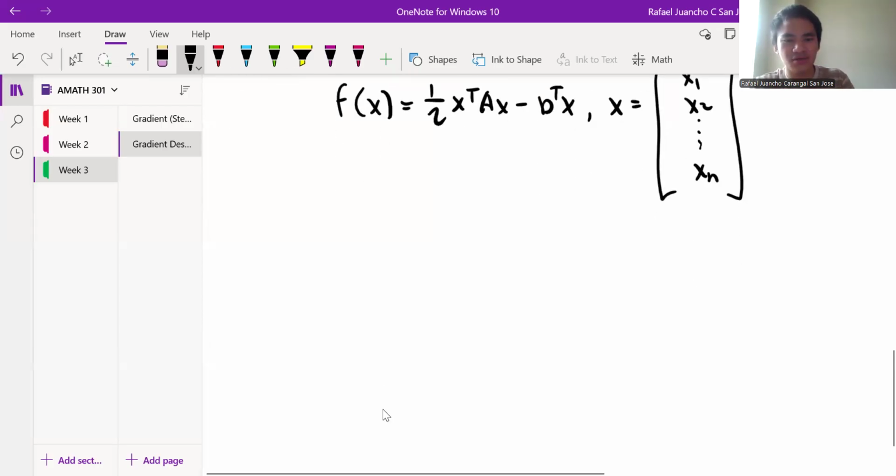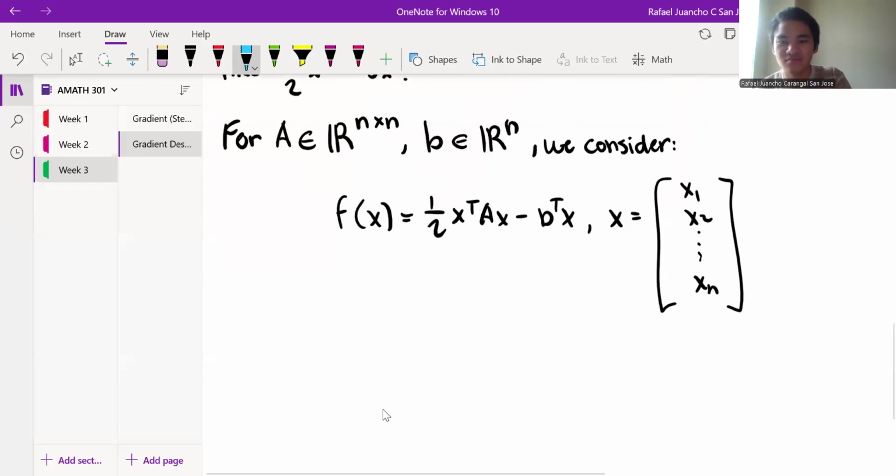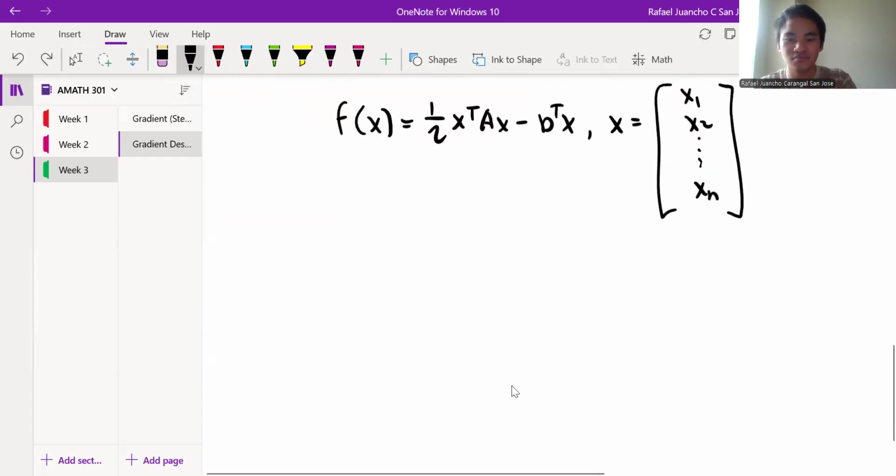And then what happens? Instead of the derivative of f, we now have multiple variables to consider, right? And so we look at the gradient. That's what we do. How do we know we have multiple variables? There we go. We have x1, x2, x3, x4, all the way to xn. And we have to take the derivative of each of them, right?